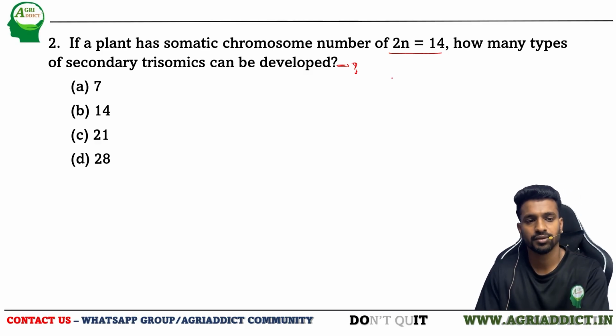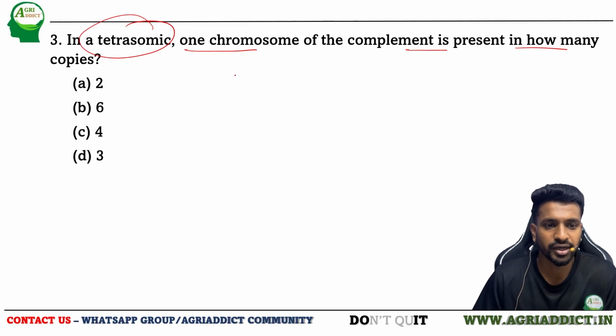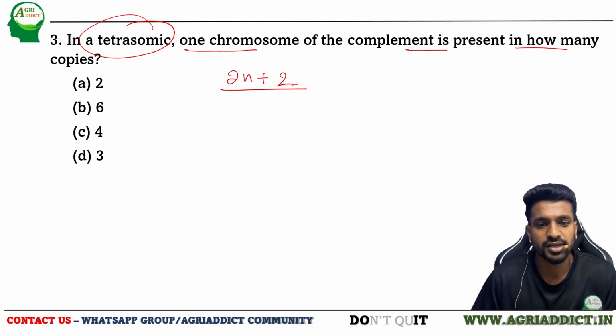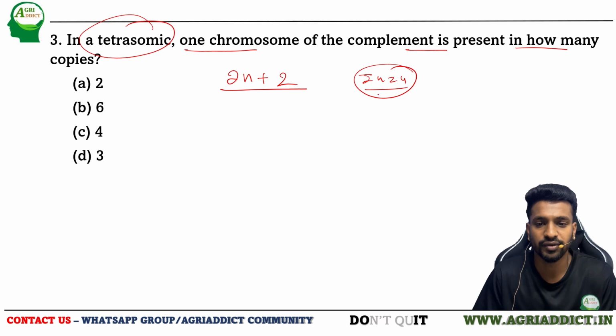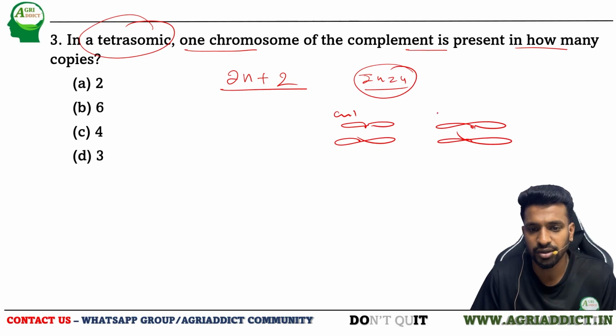Okay. Next one. In the tetrasomic, one chromosome of the complement is present in how many copies? So this is a bit tricky. First of all, what is tetrasomic? Tetrasomic is a condition in which a chromosome is present in two extra copies. For example, if 2n is equal to 4, the normal chromosome complement, if we arrange it, it would be chromosome number 1 and chromosome number 2.